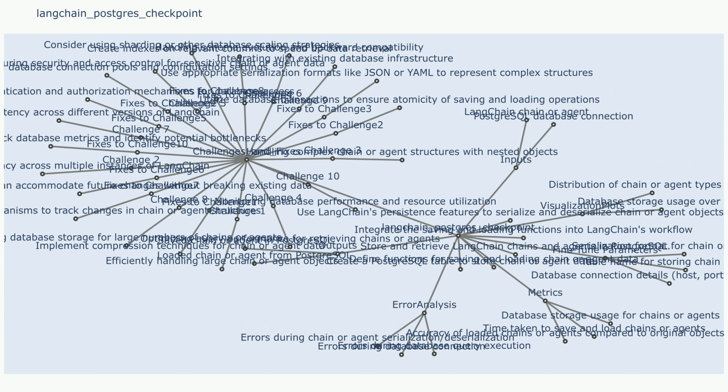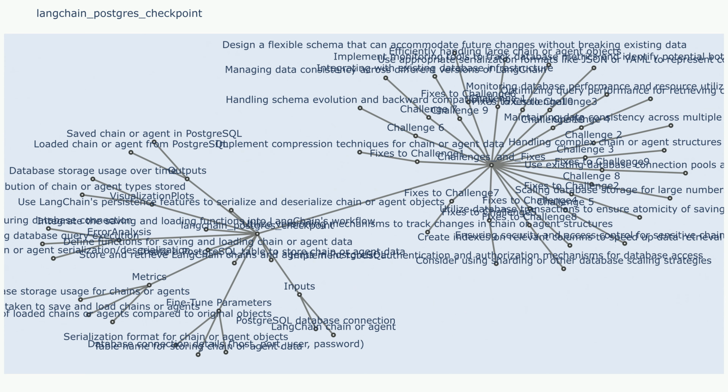Retrieval: when resuming the agent, the saved state is retrieved from the database and deserialized back into a usable form. Agent initialization: a new agent instance is initialized with the retrieved state, allowing the agent to continue its execution from the point it was saved.